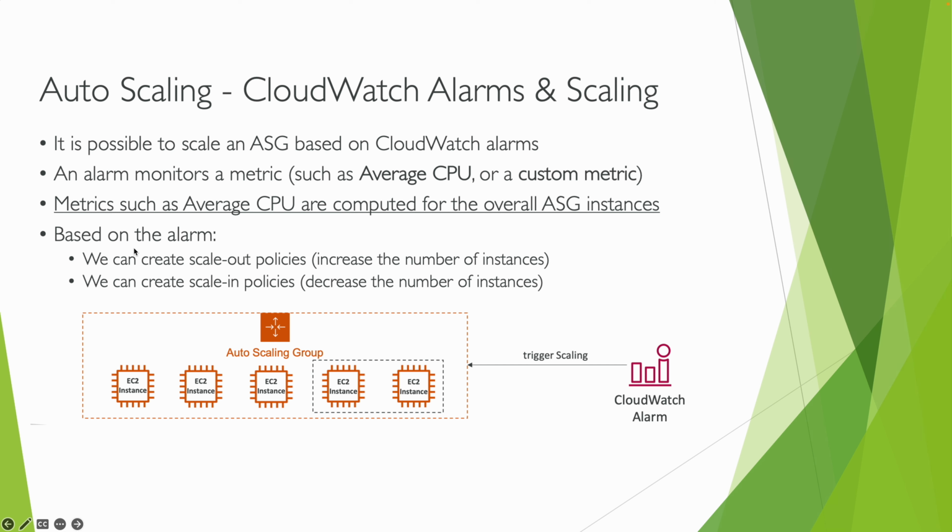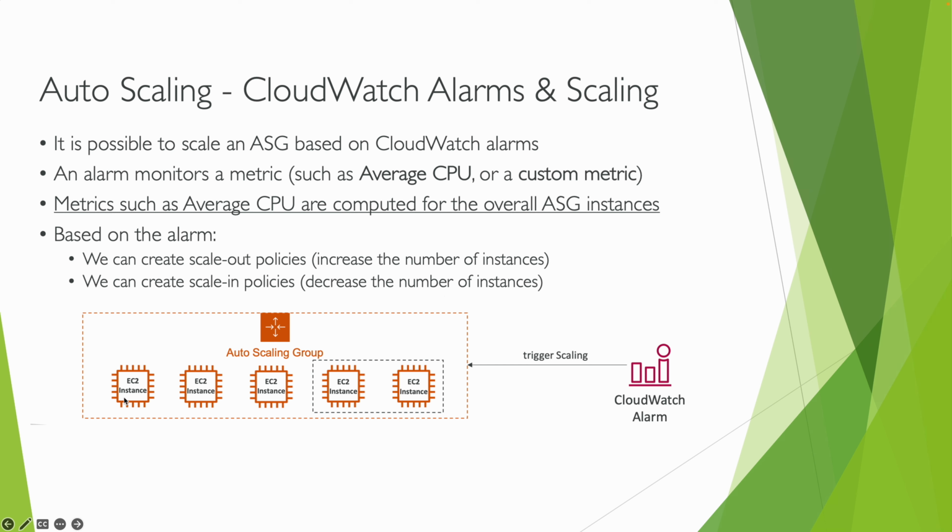Based on the alarm, we can create scale out policies, which means we can increase the number of instances. So if the average CPU usage is increasing, we can trigger a scale out policy. Whenever the CPU usage is going down, we can create a scale in policy. Scale in means decreasing the number of instances.